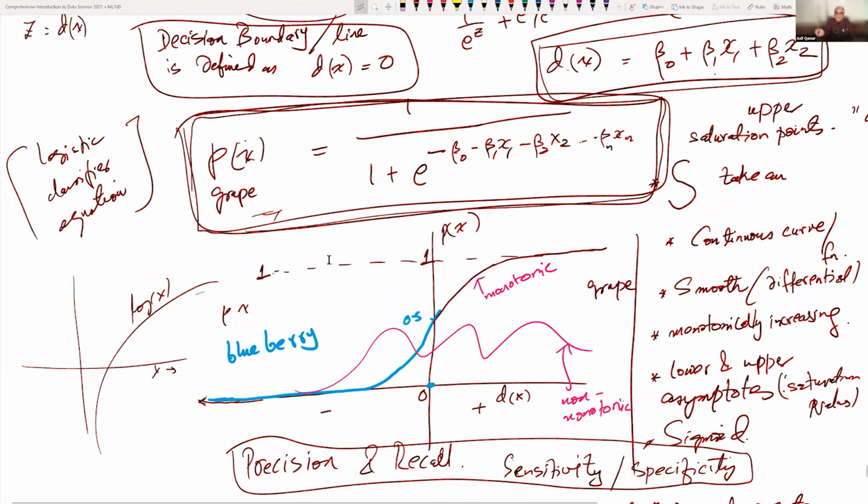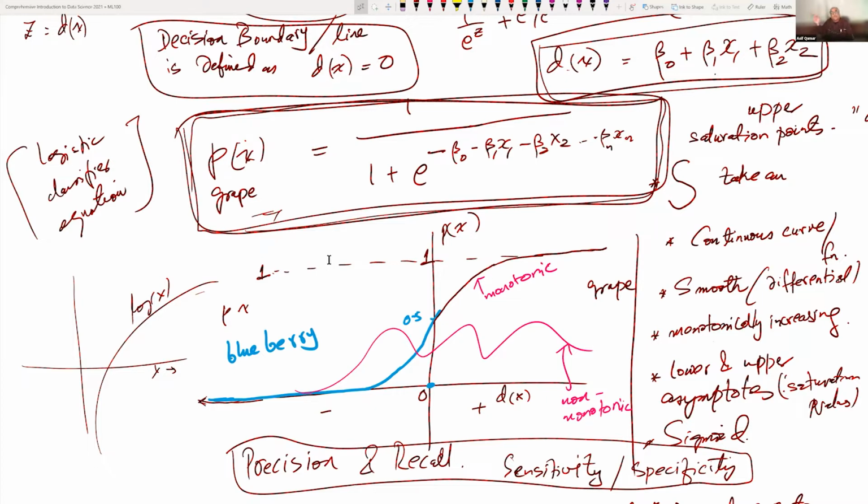The probability looks like this. It is a sigmoid function. When you are deep into the blueberry territory, the probability of it being a grape is 0. Then gradually, as you come closer to the decision boundary, it begins to rise up. After crossing the decision boundary, it crosses 0.5 and moves towards 1.